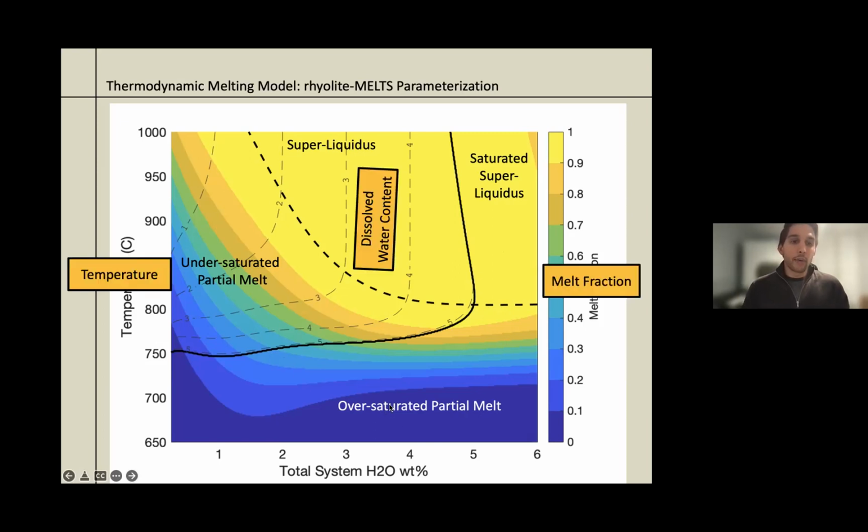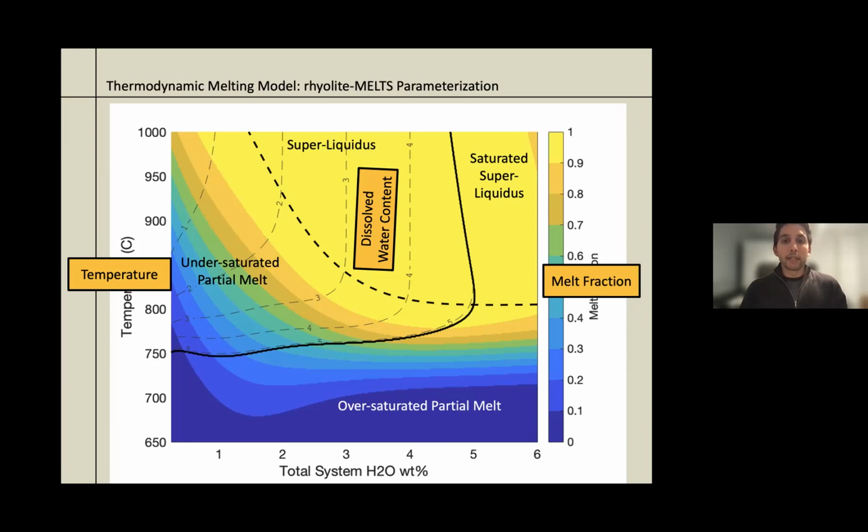So you can see now that we have temperature on the y-axis here. We've got dissolved water content as the dashed contours, and we've got melt fraction as the colors. And if you remember, those are 3 of the 4 variables that you need in that previous workflow that I showed. So we can actually calculate the bulk resistivity directly from these three variables using the exact same workflow as I did before.